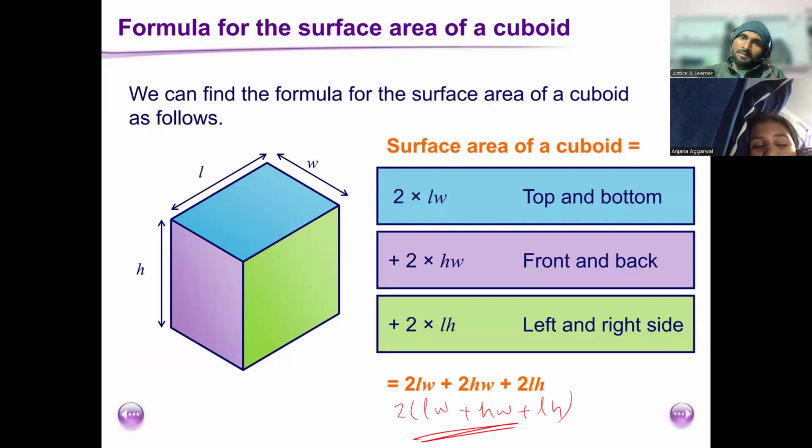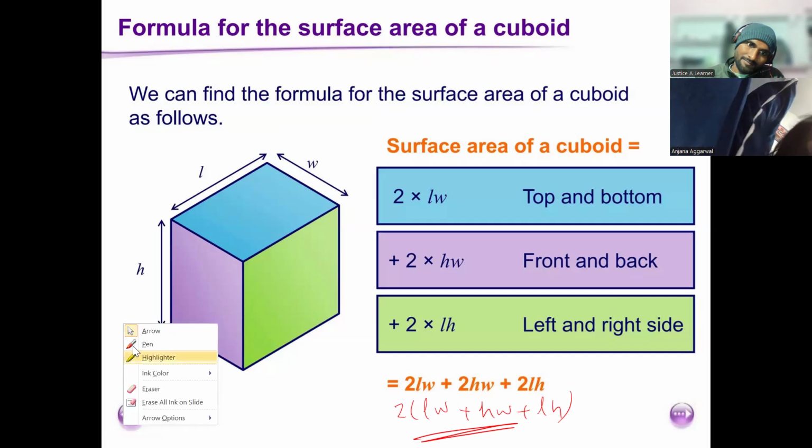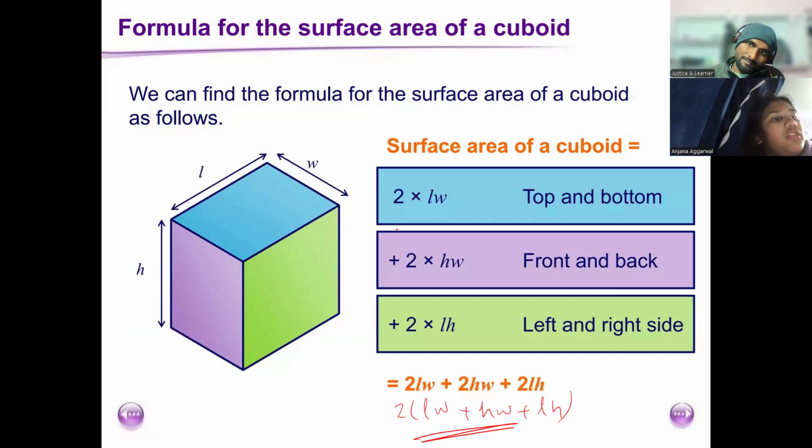But what if I say we need to find only surface area, removing top and bottom? Can you tell me the formula? Let me just write it.